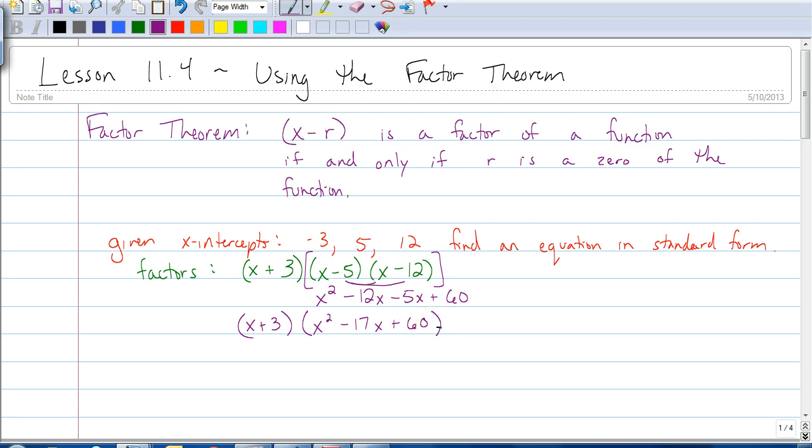Now I want to multiply these two polynomials together, the x plus 3 times x squared minus 17x plus 60. I could do it in a similar manner to what I did here, or I could use what we learned in the second lesson at the beginning of this chapter, so I could multiply it like this.